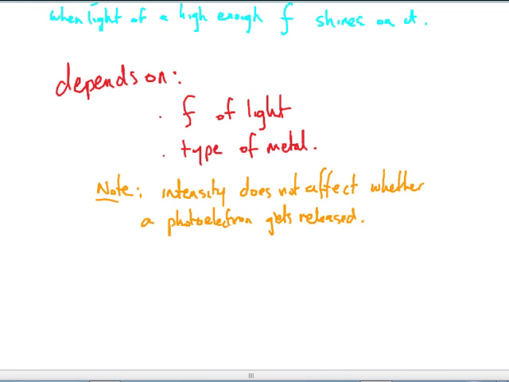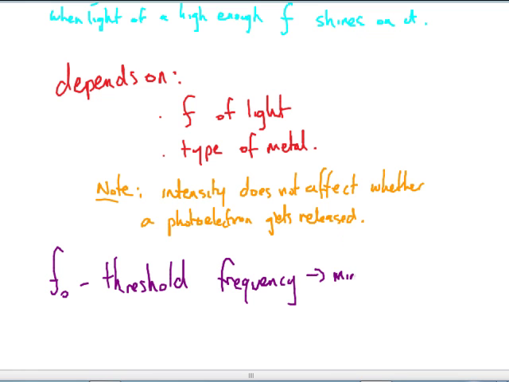Okay, so that, I guess, brings us to f0, which is the threshold frequency. And that is the minimum frequency to eject a photoelectron.